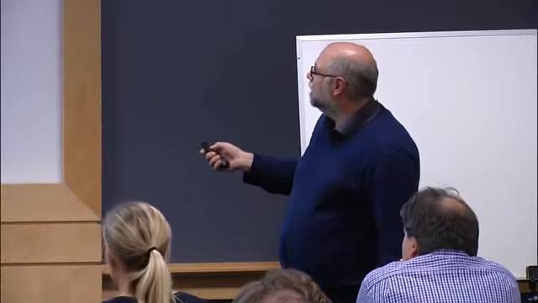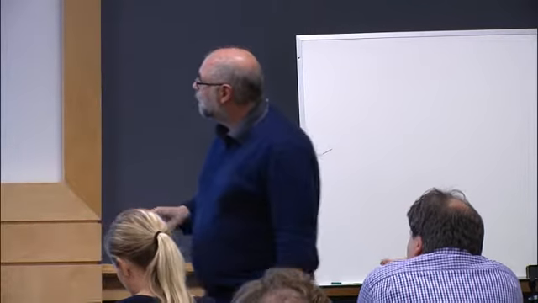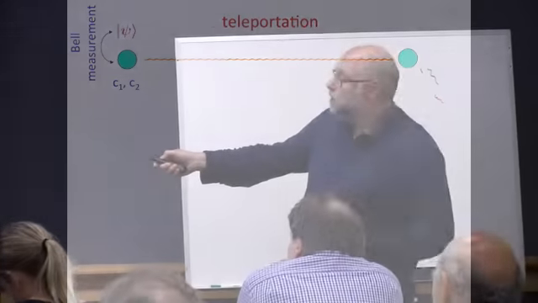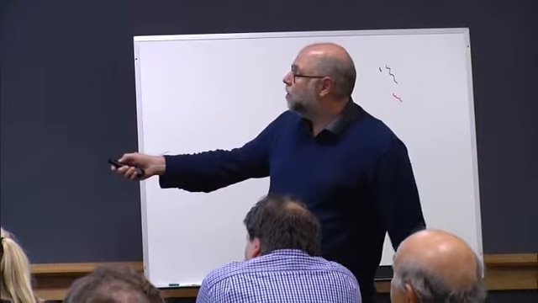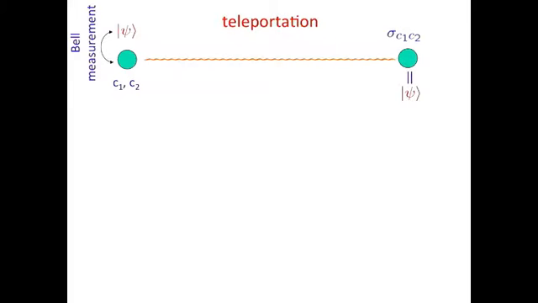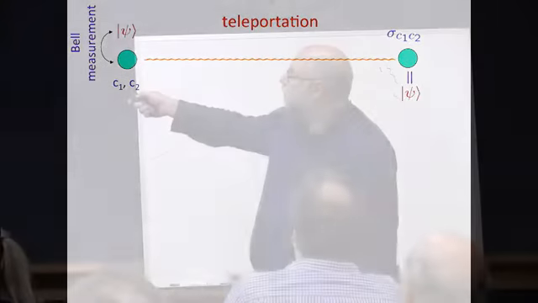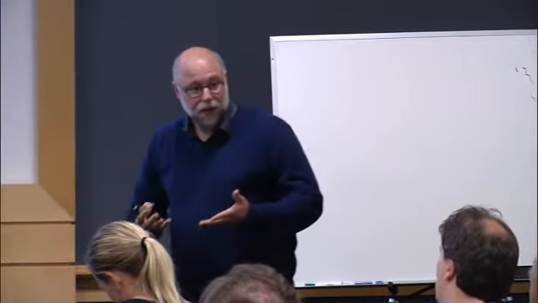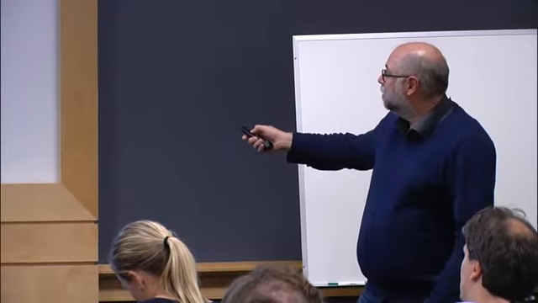And the two parties, Alice and Bob, usually share an EPR pair. And what happens is that Alice does a measurement, a Bell measurement, which has as outcome two classical bits. And those bits can be sent to the other side, where if you do the Pauli correction on the other half of the EPR pair, you have in your hands the state psi. And so this is all very well known and a basic building block of quantum information.